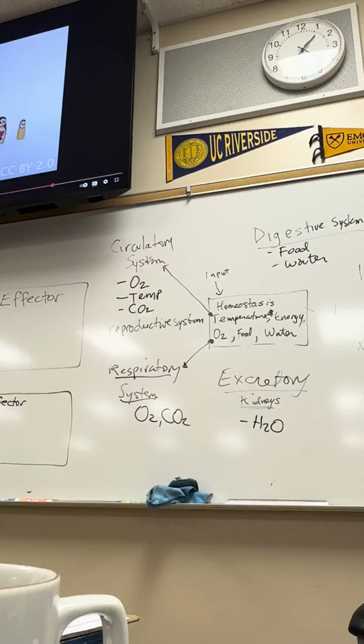So for our little example here where we have the thermostat in the house, what actually does the control? You have the sensor, and then what does the control? It's actually still part of the thermostat, okay? So in the thermostat, you have a sensor and a computer chip. Sensor and computer chip.